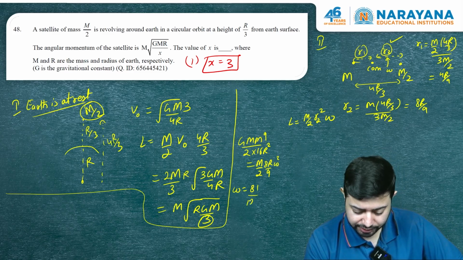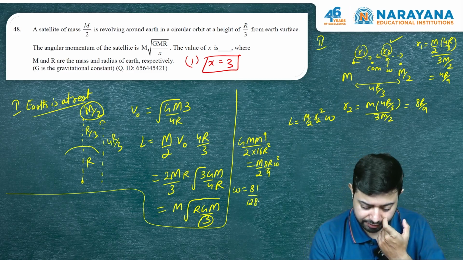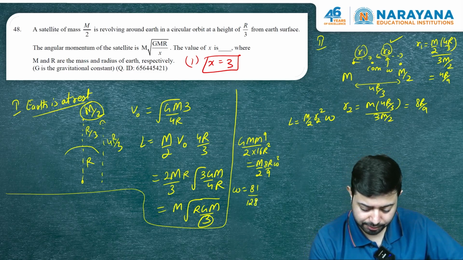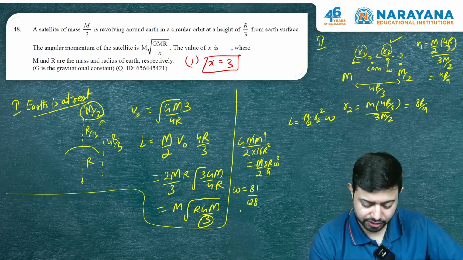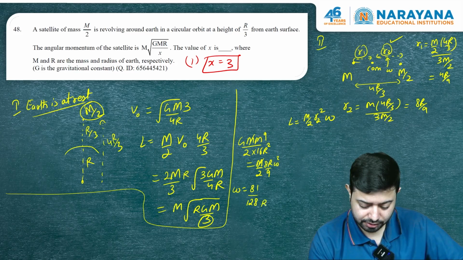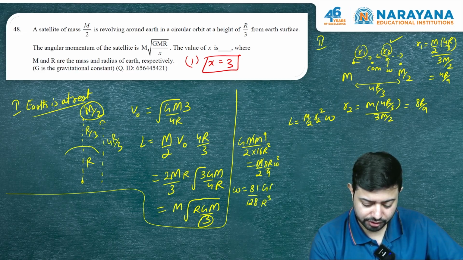So, 128 over here, 81 by 128, this factor will come, and then one m and one m will cancel. What else is left? The r will be there in the denominator, it will be r cubed. Anything else? It is GM also in the numerator, and then take the root of it.